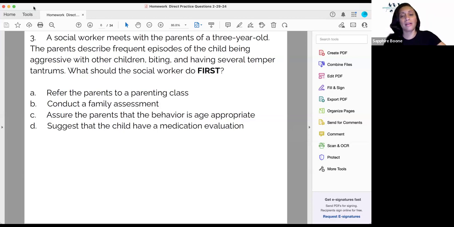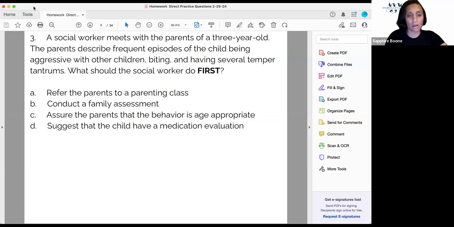So it's definitely not A, refer, because we go through a bunch of steps before we do that, right? And I also want to say sometimes refer is further assessment. So I don't want to just assume, but here we see it's parenting classes. So we got rid of A.